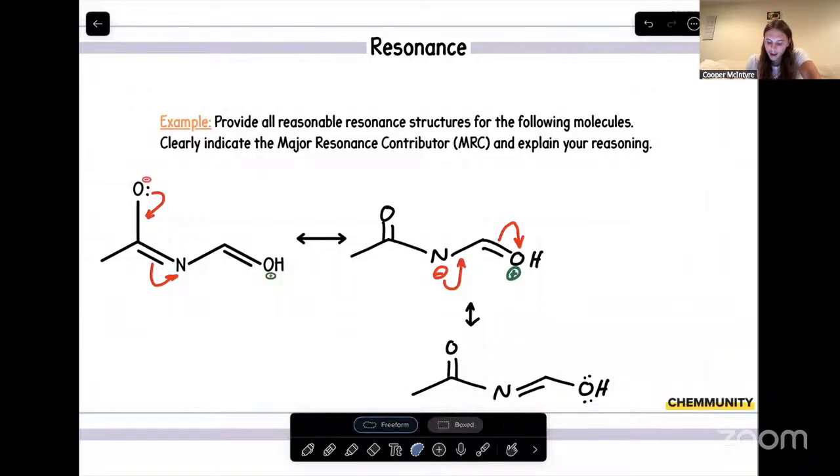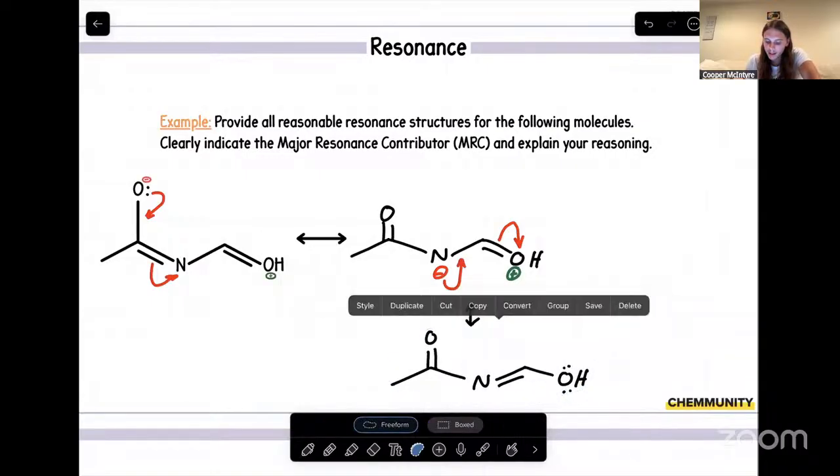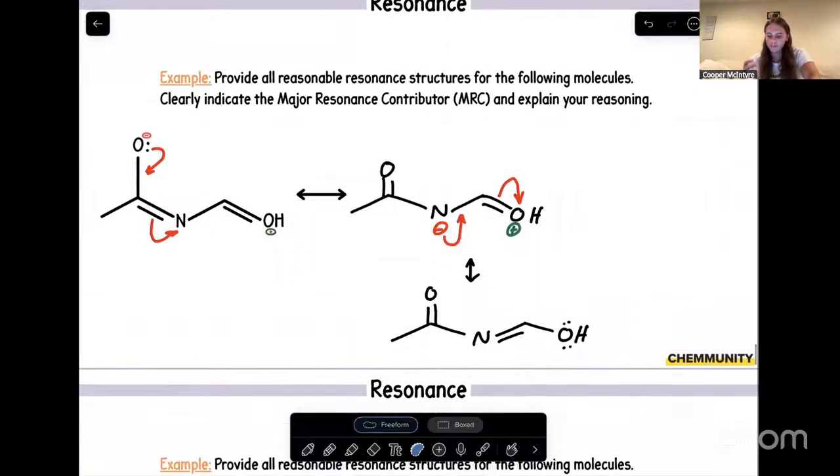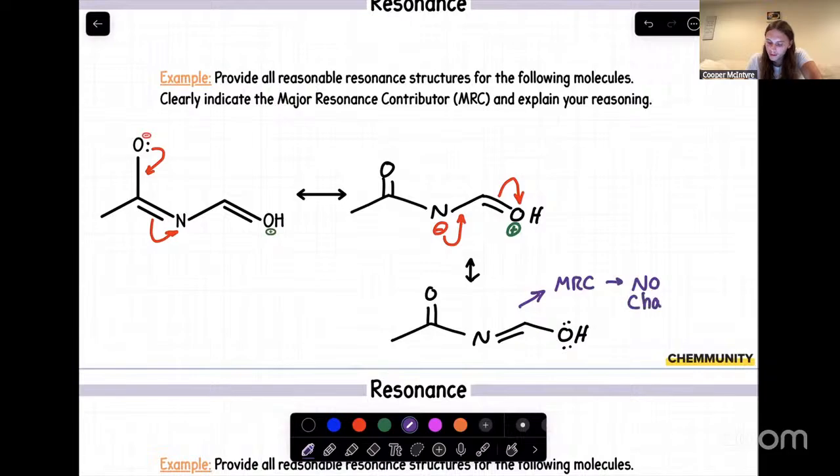As a matter of fact, it'll help give the entire resonance form no charges, which is quite nice. And since this resonance form has no charges, it'll be our major resonance contributor. No charges. Perfect.